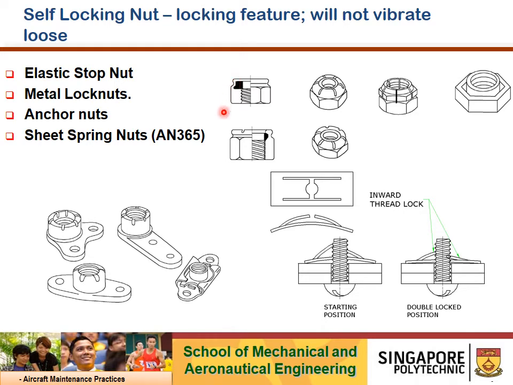Its locking action takes place because the fiber or nylon inside diameter is smaller than the largest diameter of the threaded portion. You can see here, this is the threaded portion. So when you screw in the fastener, the threaded part will actually self-thread the nylon portion as indicated in black. It should not be installed in areas where temperature exceeds 120 degrees Celsius for the elastic stop nut.